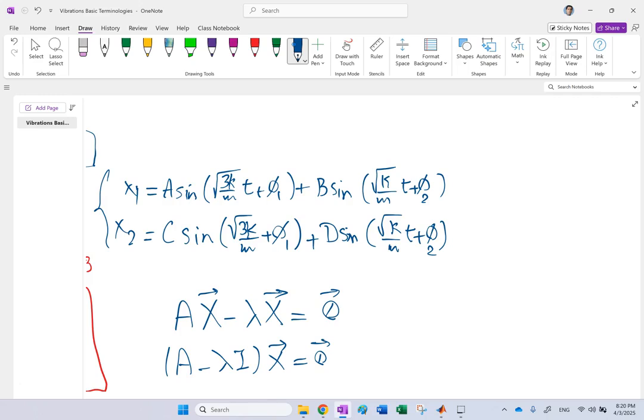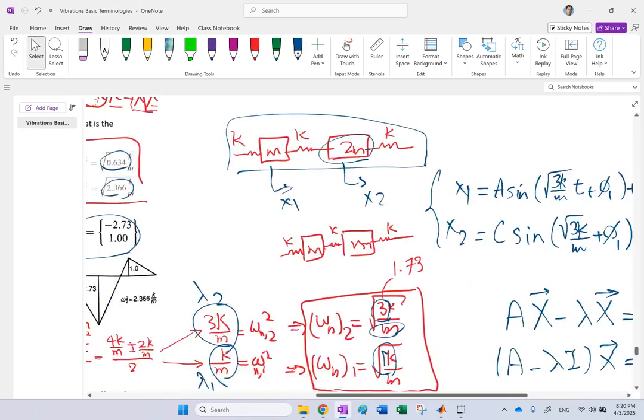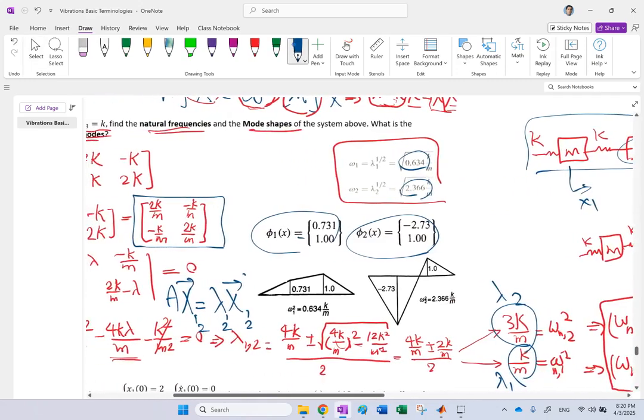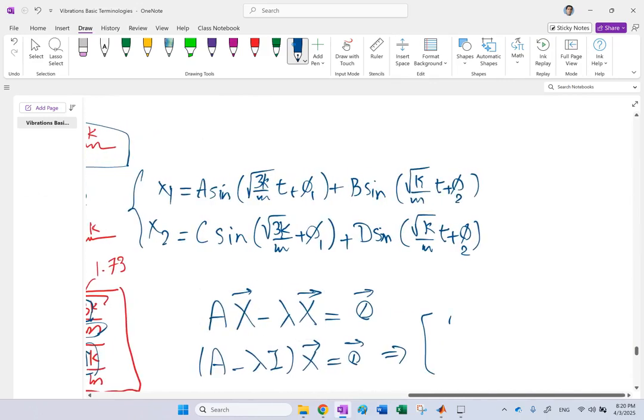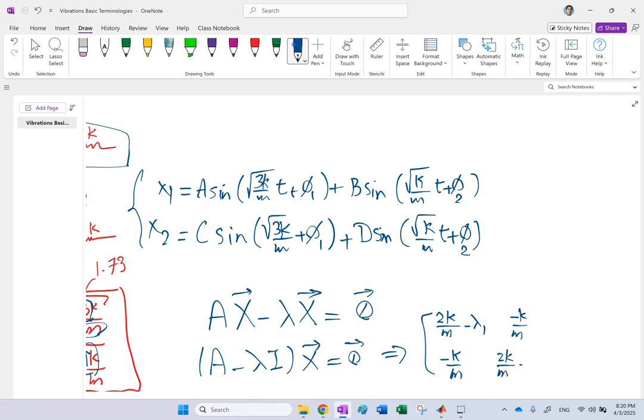Now, this A minus lambda I, if you remember, it is going back to A. Look at A, 2k over m and negative k over m. So it is going to be 2k over m minus lambda 1, negative k over m, negative k over m, and again 2k over m minus lambda 1. So first I plug in lambda 1 in it, and I'm looking for x1.